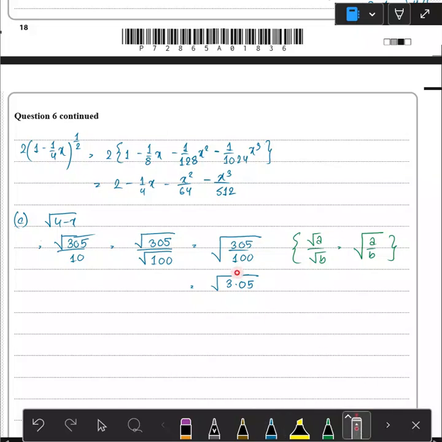And if you see, this now looks very much alike to this. Now we need to find the value of x for which 4 minus x will be equal to 3.05.